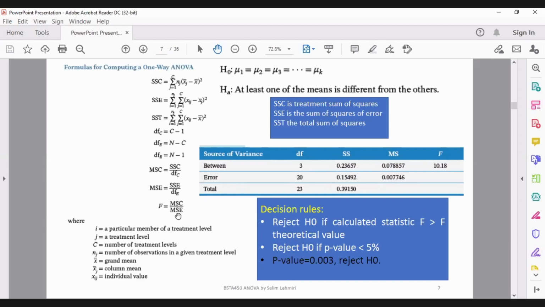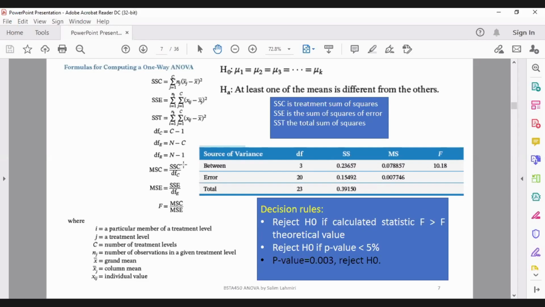So F is equal to MSC over MSE, where MSE is the sum of squared errors over the degrees of freedom of E, where the degrees of freedom of E is equal to N minus C, where N is the sample size and C is the number of treatment levels, for example, 4.